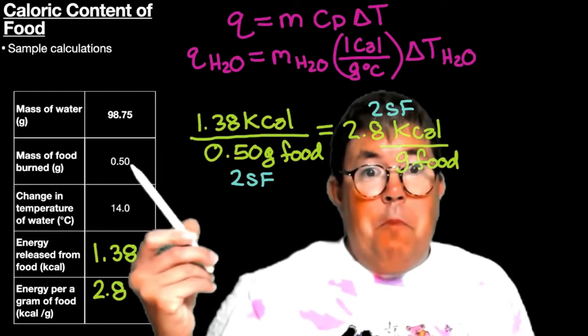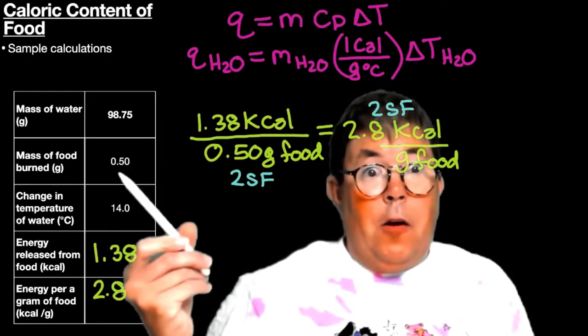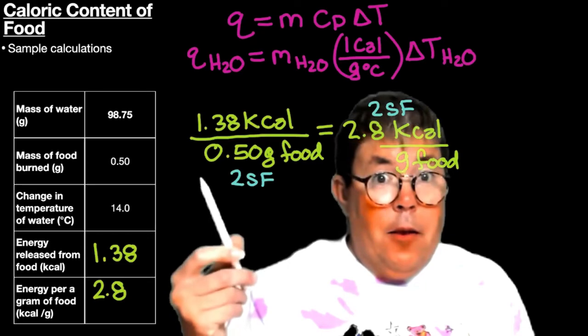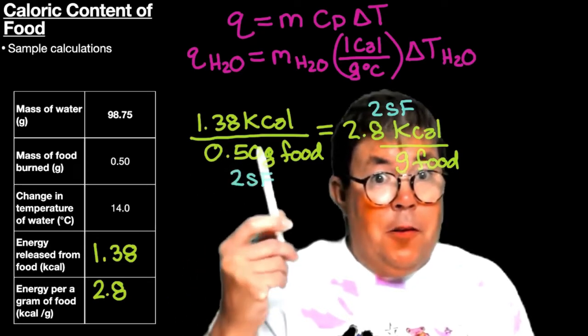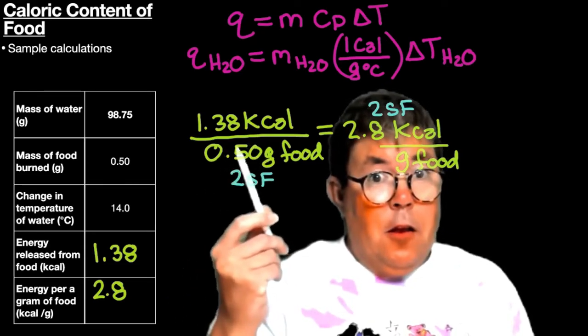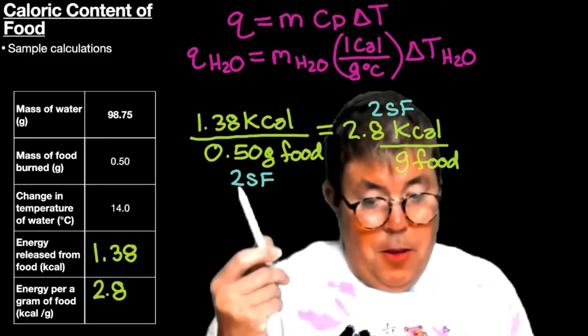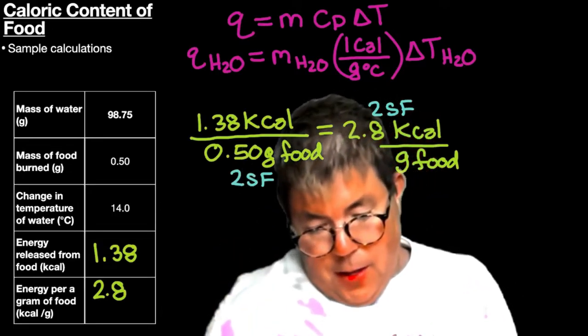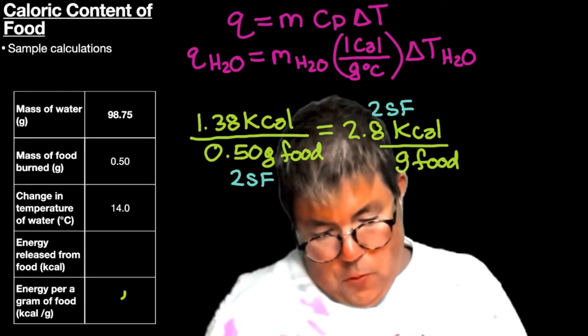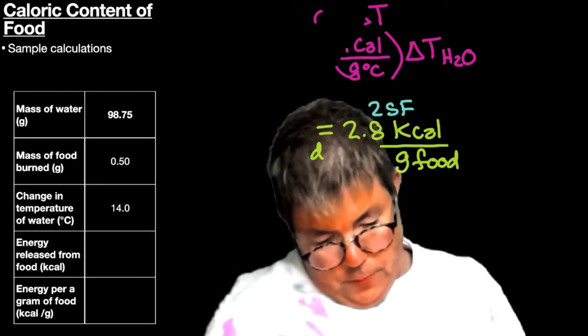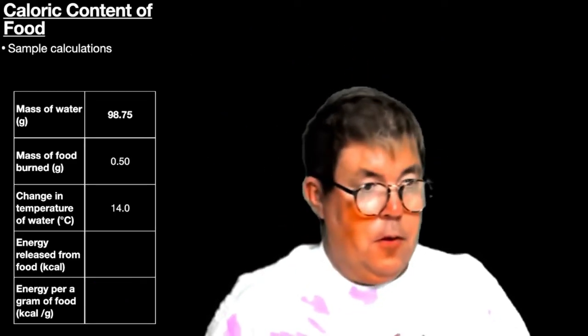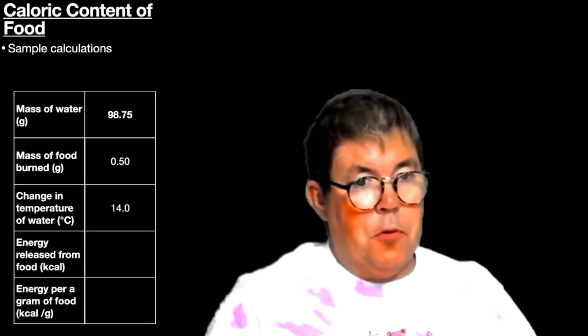I think the most confusing part of the experiment is the calculation that I just performed, but let me go over a few pointers in the experiment before we conclude. So let's look at the procedure.